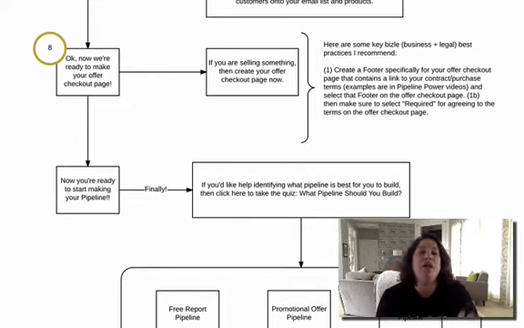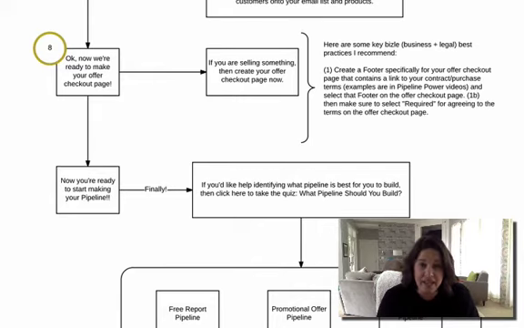Not the right order. Now, the way that you do it in Kajabi, in the offer checkout copy box, you can hyperlink to the page where you have that contract. You put the contract on a static page on your site, you get the URL, and then you hyperlink to it.